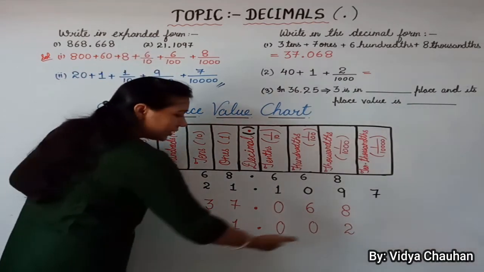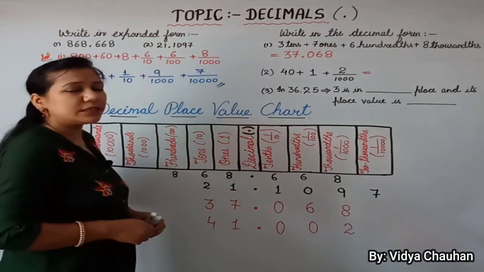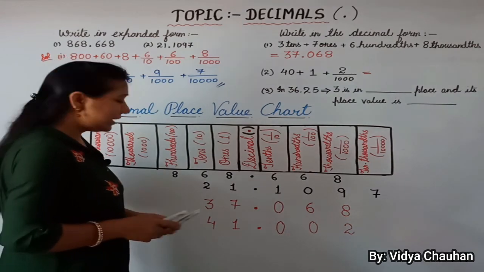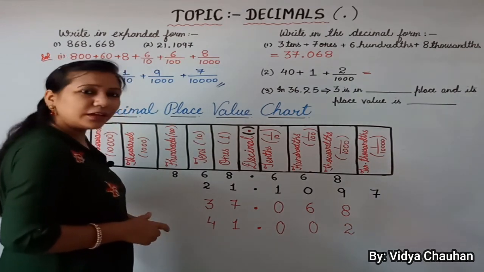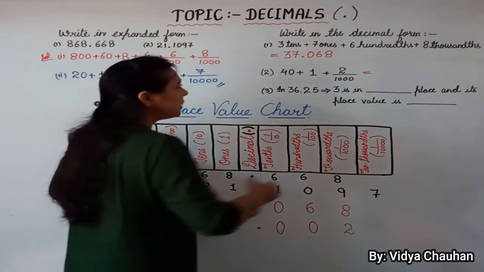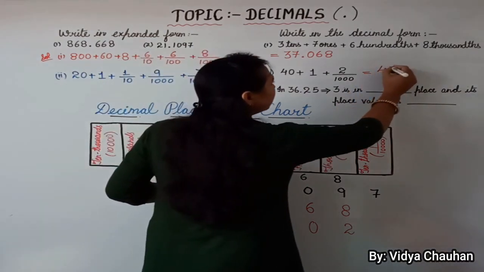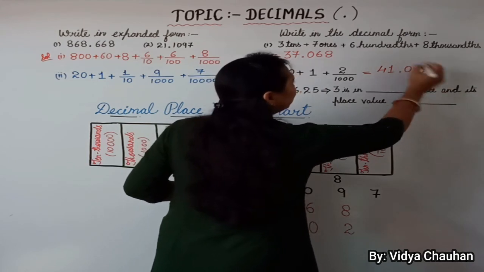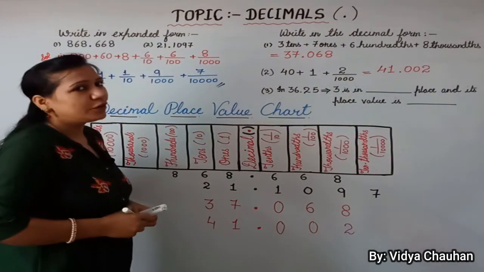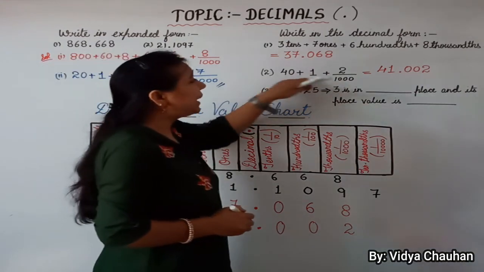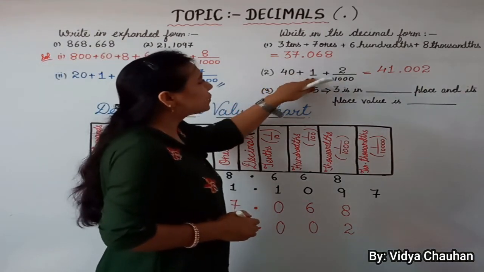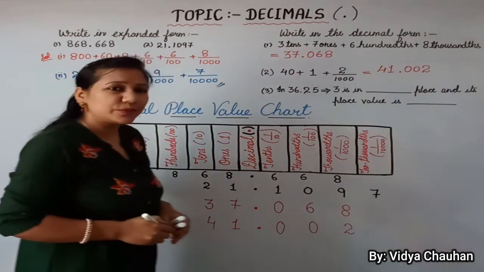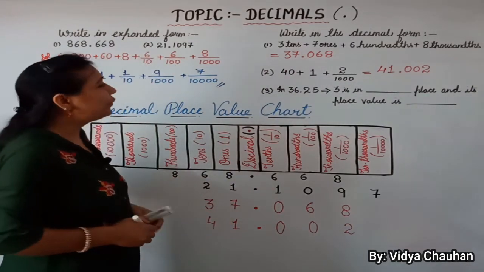So once again, the decimal form for this number is clearly seen here as a solution, and the number is 41.002. So this is the decimal form for the expanded form of the number 40 plus 1 plus 2 upon 1000. Clear? Let's move forward.